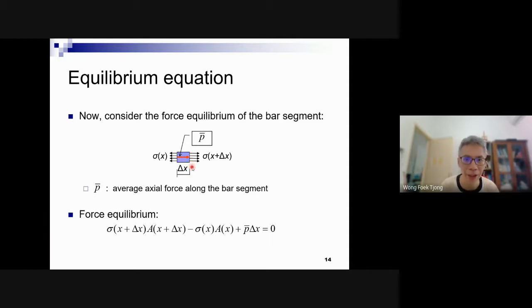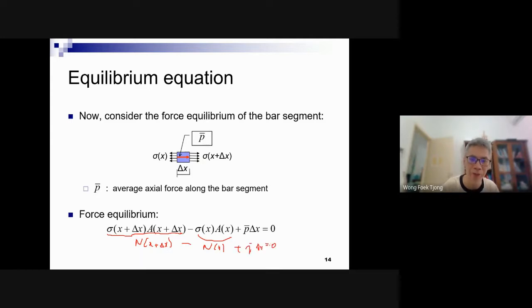Let's take the equilibrium equation. It means the sigma times the area on the right, this one, minus the sigma times the area on the left becomes the force, right? Because this is the normal force. Actually, this one is the normal force on the right end, minus this one, the normal force on the left end, plus this delta x.